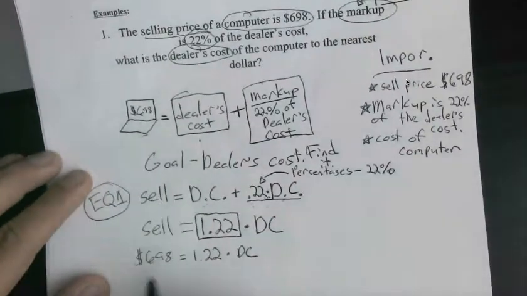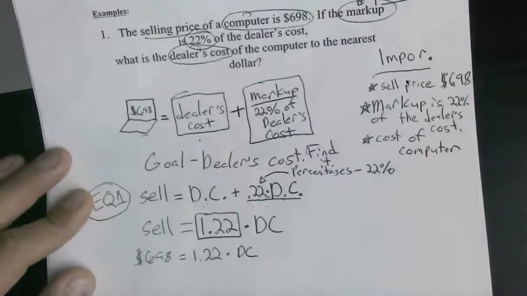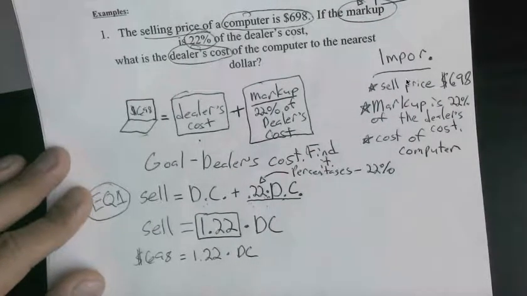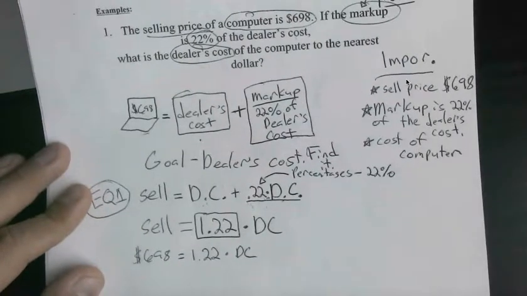How can we solve this equation? It should only take one step. How can we solve that?